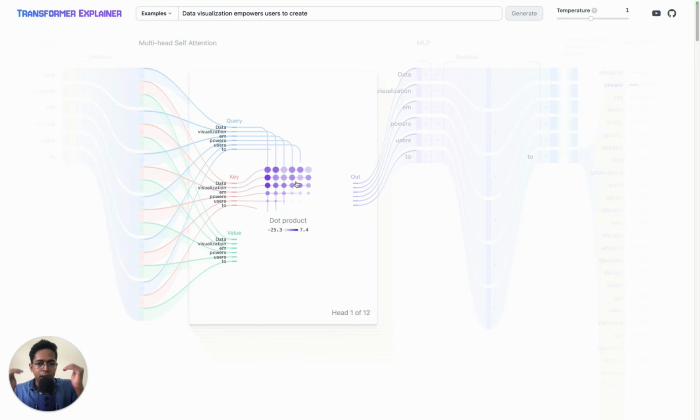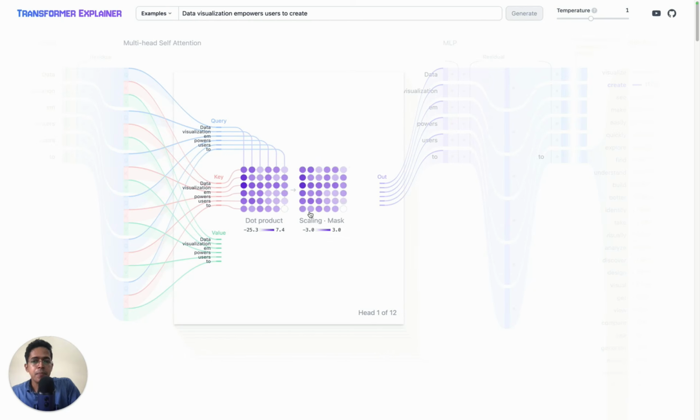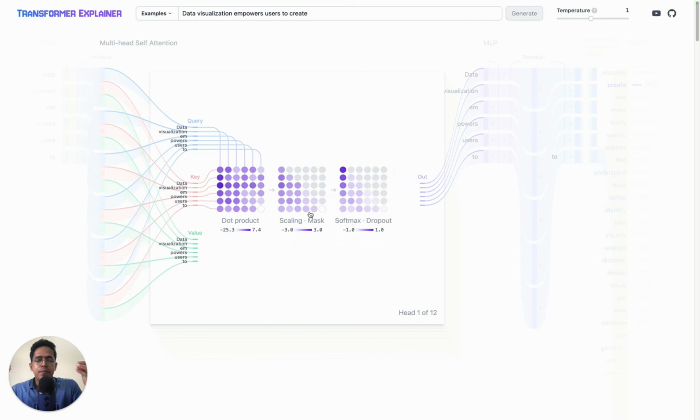I'll explain that once again. Just pay attention. In transformer training, when you are trying to predict the next word, you first try to predict from the input data itself, because within the input data there are multiple words, multiple tokens. So if data is provided, the transformer can try to predict visualization.